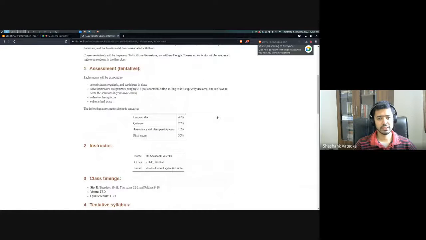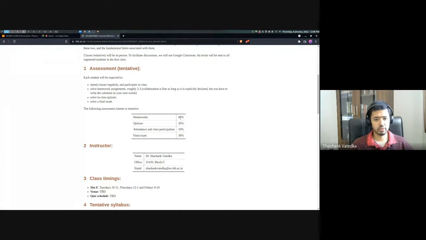So the assessment will be based on multiple things. You're all expected to, of course, attend class regularly and participate in class discussions. There will be homeworks, quizzes, and there will be a final exam. The homeworks will carry around 40% of the grade. This is slightly subject to change depending on how things go, so maybe 5% here or there, things might change.